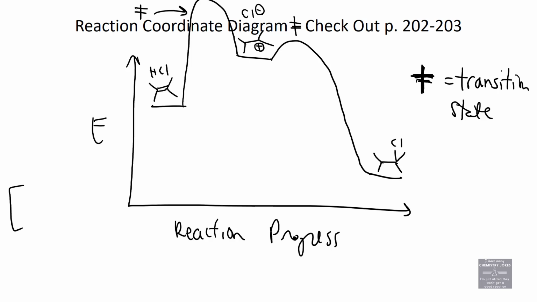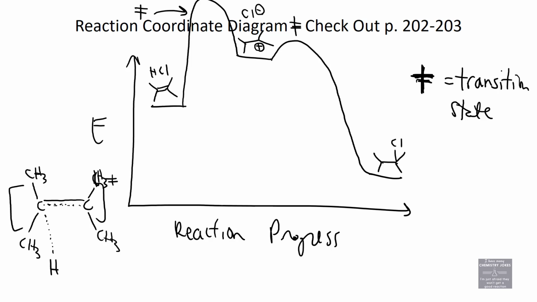So you could draw in that very top transition state up there that the alkene bond is starting to be broken, so I'm dashing the alkene bond. And I'm starting to make a bond to the hydrogen, and I'm starting to break the hydrogen-chlorine bond.